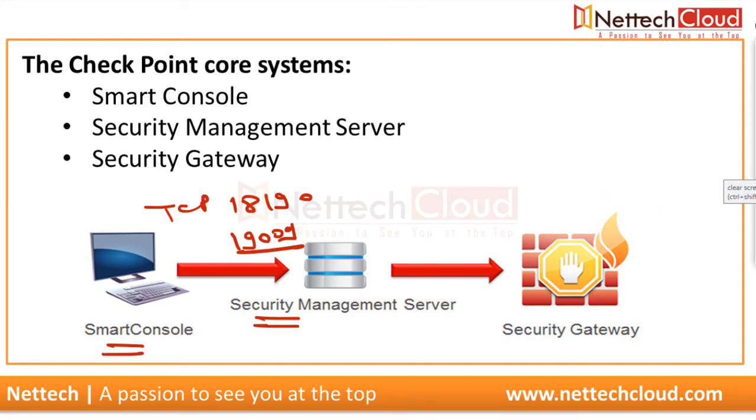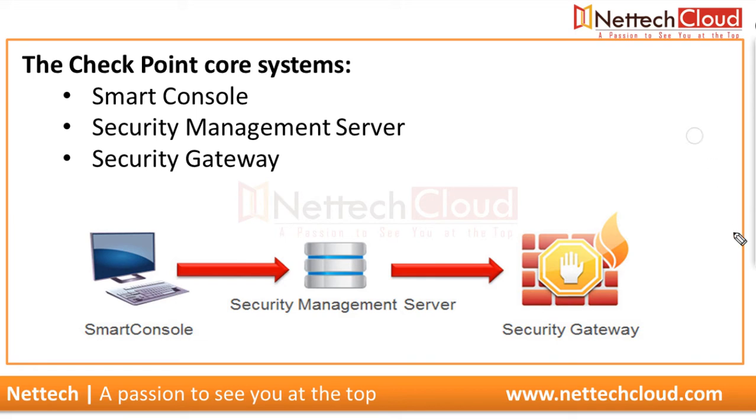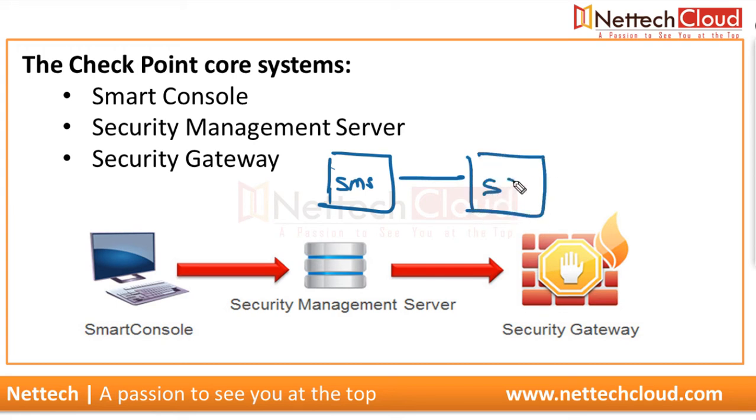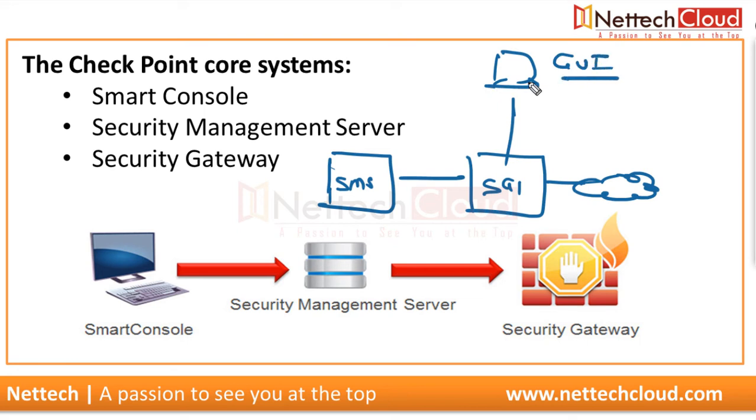Let me take another scenario. Let's say here is the SMS server and a firewall, the security gateway, and the internet maybe, and the GUI client is not in the same zone.